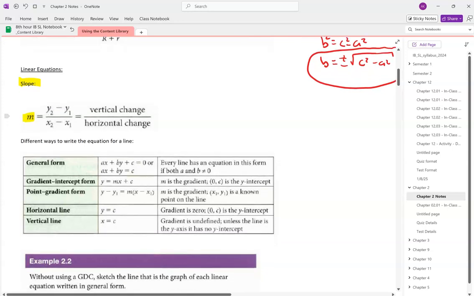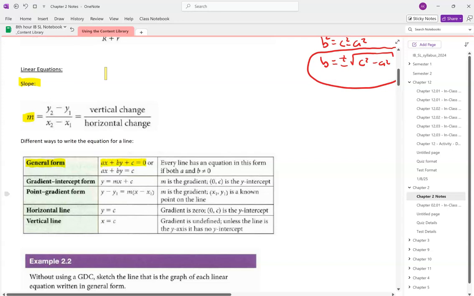All right. So the IB has 5 different ways to write equations for a line. And their vocab and symbols sometimes look a little bit different than some of the things that you would have used in your American math classroom. So instead of saying standard form, they say general form.